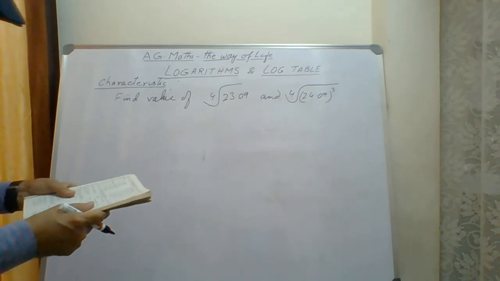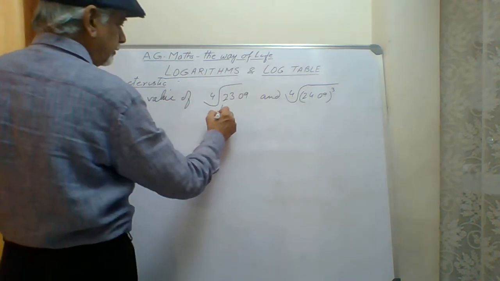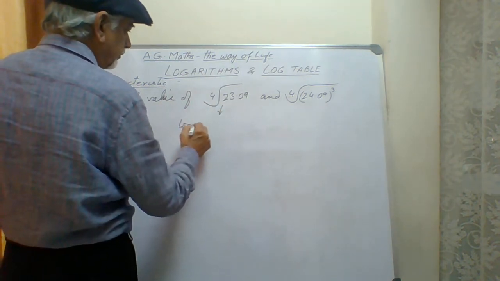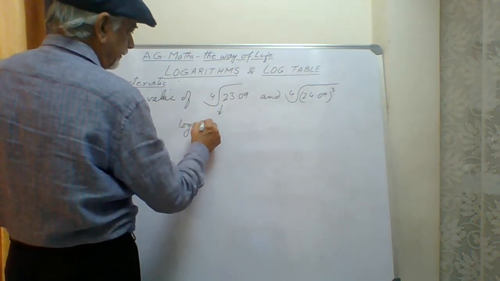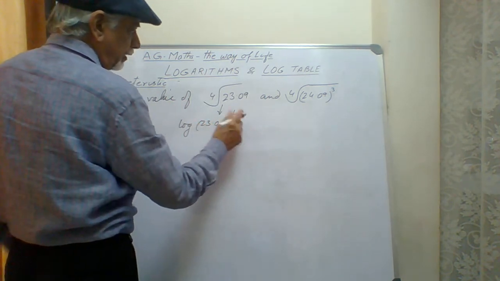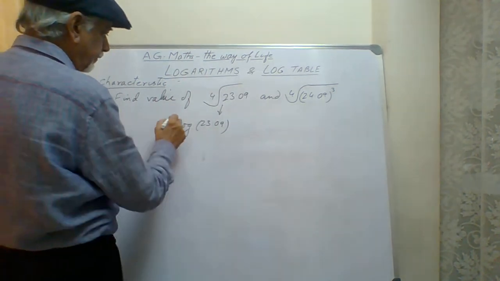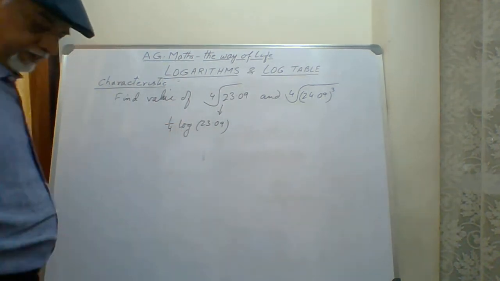For the first part, I write log of 23.09 whole raised to the power 1 by 4, and this 1 by 4 I bring down in front and write it as 1 by 4, correct?